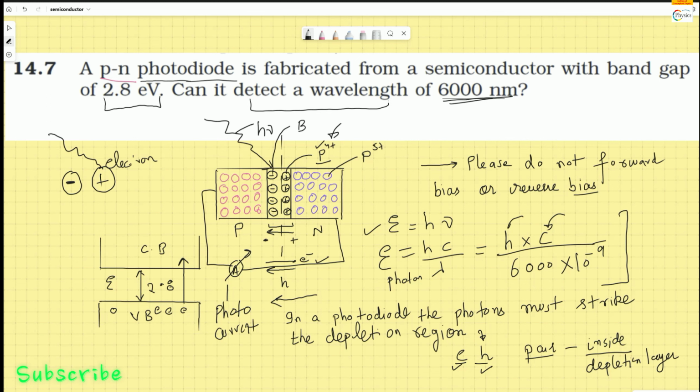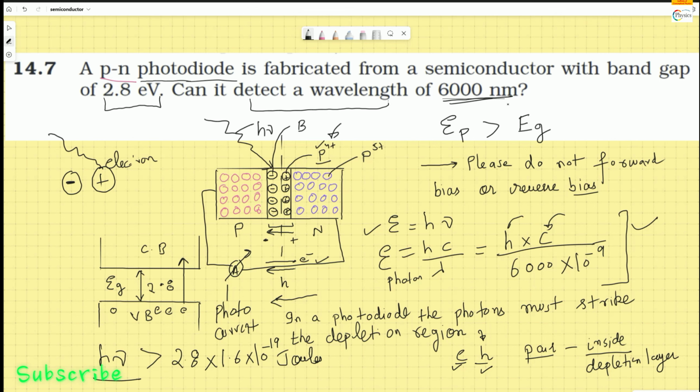So the energy you supply, h nu, which we have just calculated, has to be bigger than the band gap of 2.8 electron volts, which, if I convert it into joules, is 2.8 into 1.6 into 10 raised to power minus 19 joule. This is the condition: the energy of the photon should be greater than the energy of the forbidden gap, right?